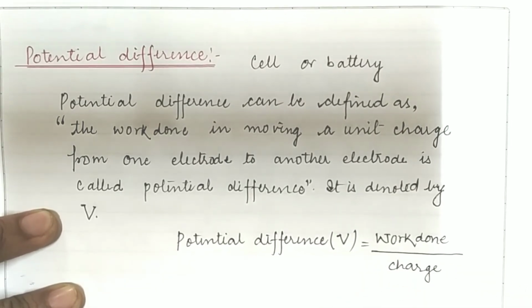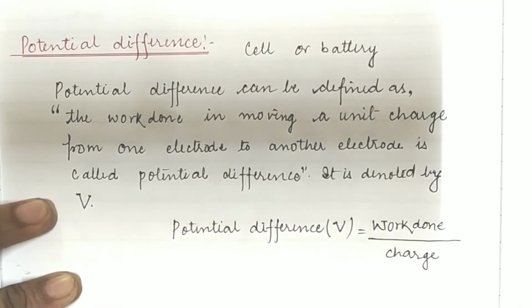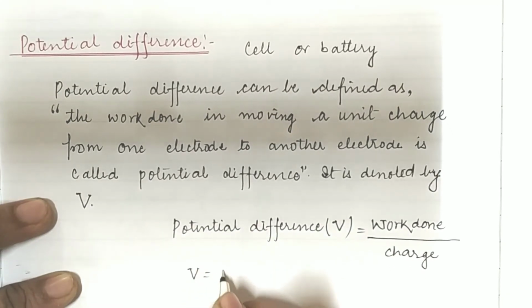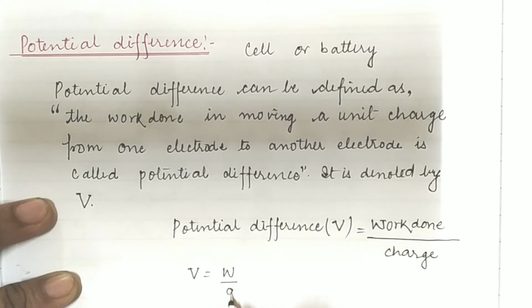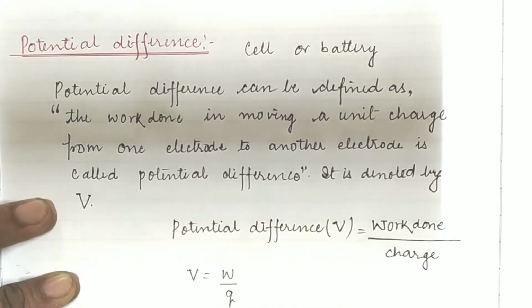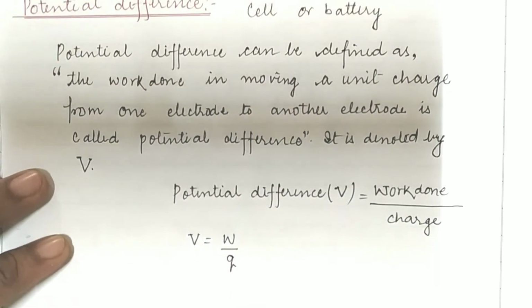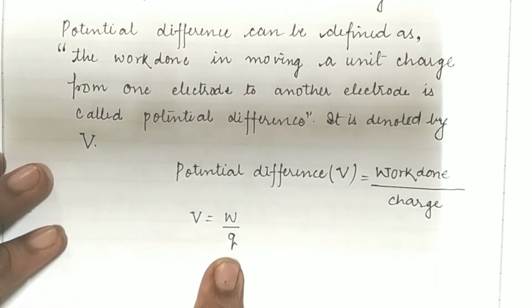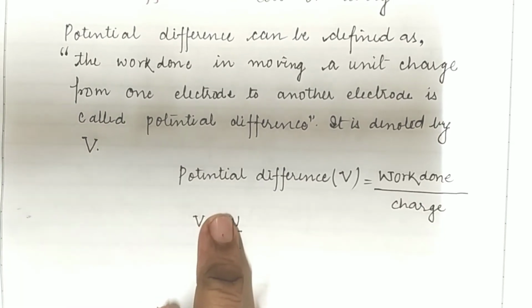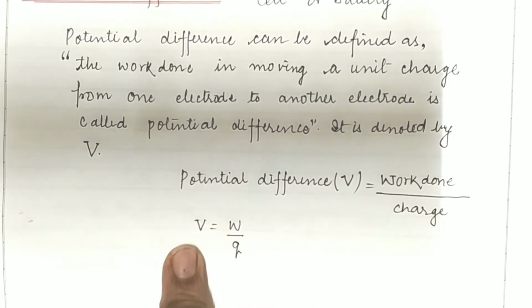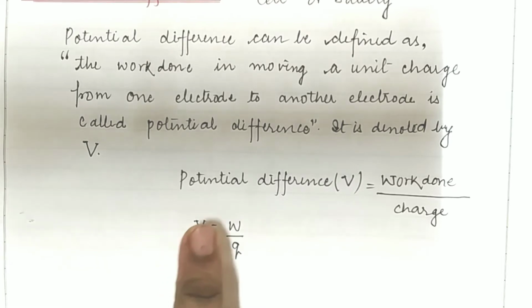So work done upon charge is V equals W by Q, and it is known as the electric potential, or the potential difference. If Q is charge and W is the work done, then the electric potential difference between the two terminals is W by Q.